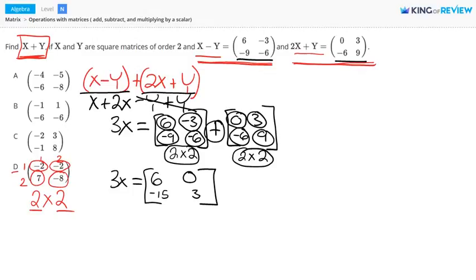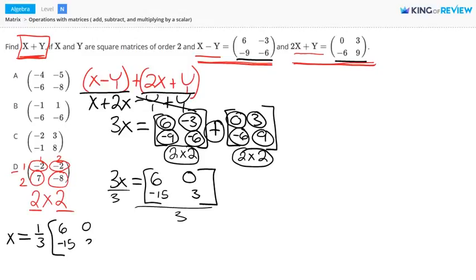I'm trying to solve for x, so I want x by itself on one side. So I'm going to divide by 3 on both sides. Dividing by 3 is the same thing as multiplying by 1/3. So I have x equals 1/3 times the matrix 6, 0, negative 15, 3.